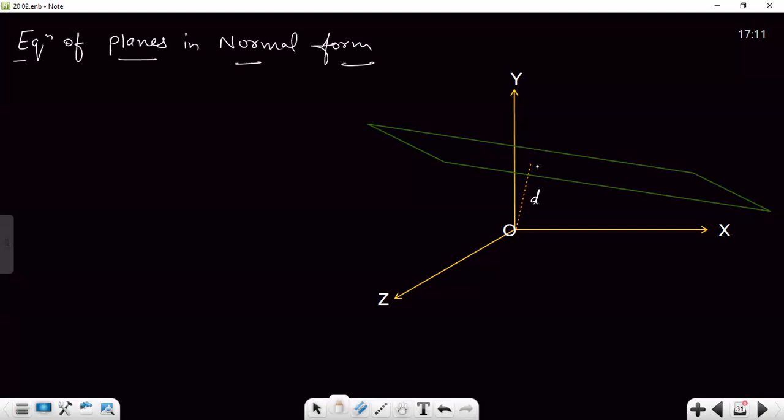So let me call this point as point P, and its dimensions as x1, y1, and z1.